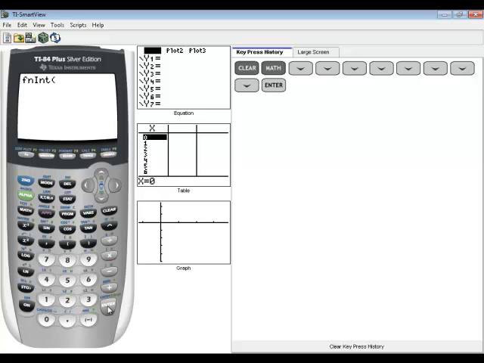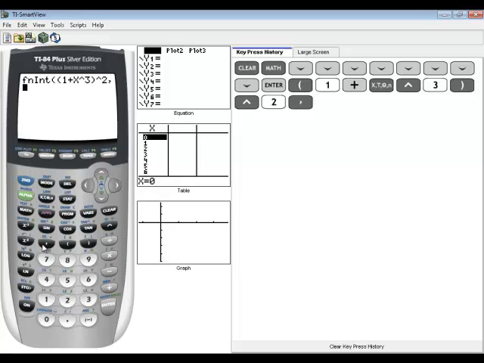Alright, and we're going to integrate the function 1 plus x to the third power, and that entire quantity is squared. Then we're going to put a comma and then x. This lets us know that we are integrating with respect to x.